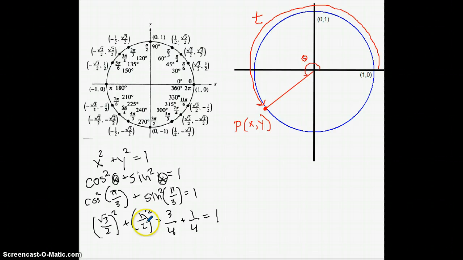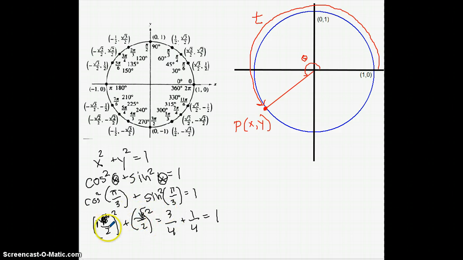Actually, cosine of pi over 3 is 1/2. So I kind of got these in the wrong order. It should be 1/2. Cosine of this should be 1/2, and this should be square root of 3 over 2.